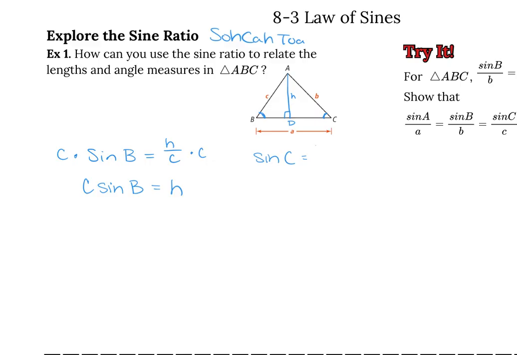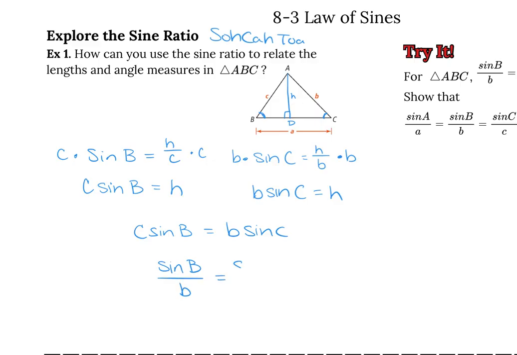My opposite is still H, and my hypotenuse this time is B. I want to put this in terms of H, so I multiply both sides by B and end up with B sine C equals H. H has to equal H, so C sine B equals B sine C. This simplifies to sine B over B equals sine C over C.